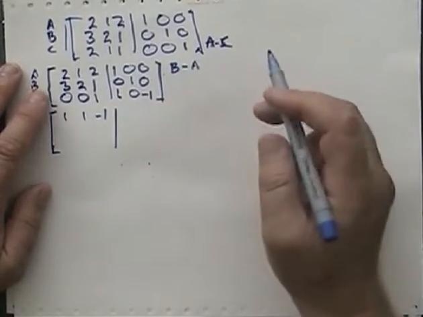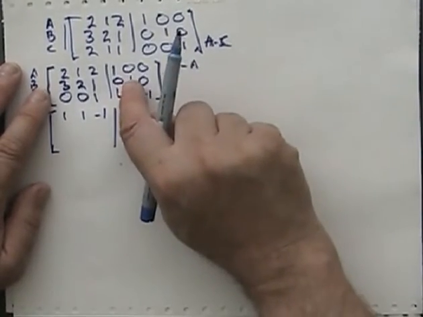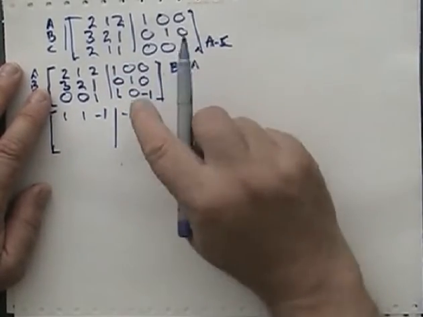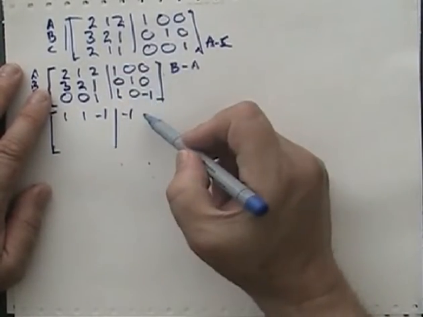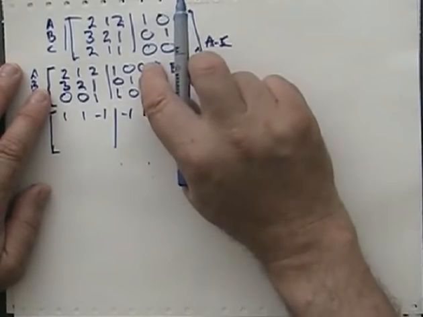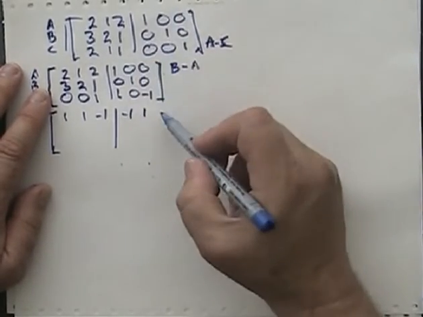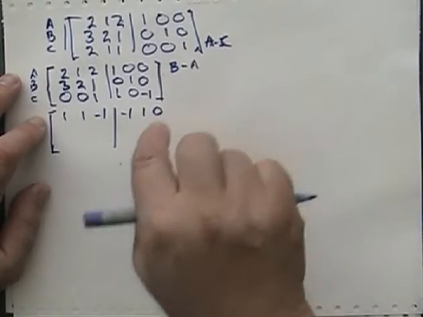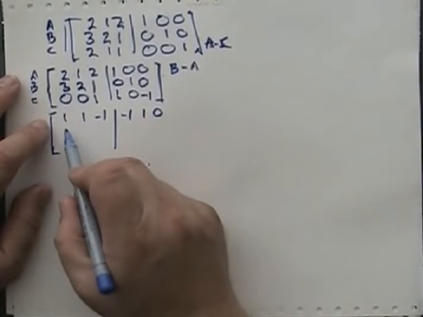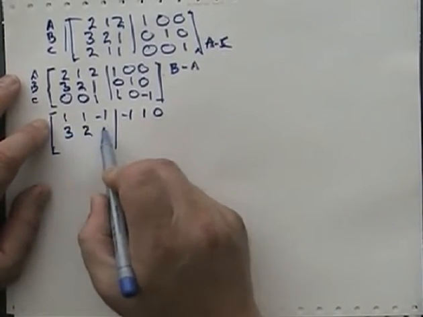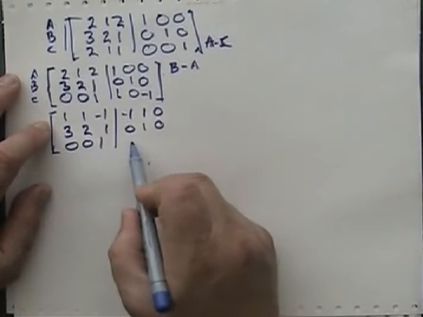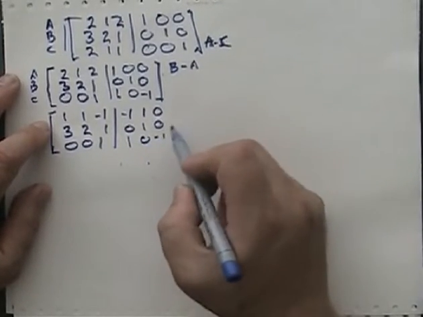And I must do it on this side as well. So 0 minus 1 now becomes minus 1. 1 minus 0 becomes 1. 0 minus 0 is 0. And as I only did it to row B, all of the other stuff is going to remain the same. 3, 2, 1, 0, 1, 0, 0, 0, 1, 1, 0, minus 1.